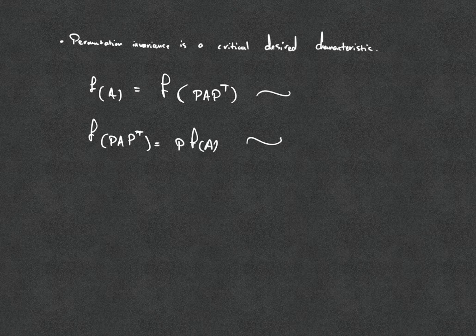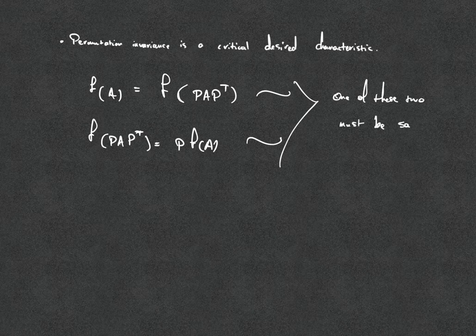So one of these two must be satisfied. Note that permutation invariance means that the permutation of the input doesn't impact the output. Permutation equivariance means that permuting the input is going to have the same permutation effect on the output.